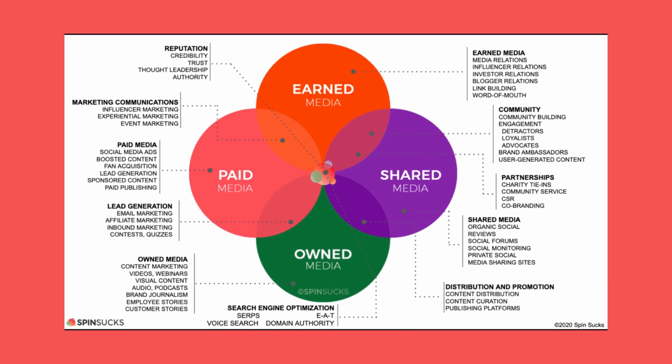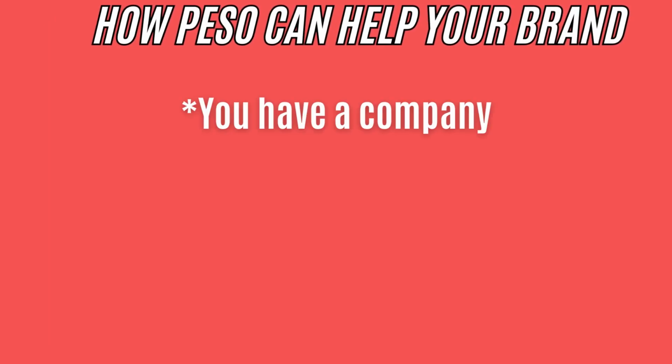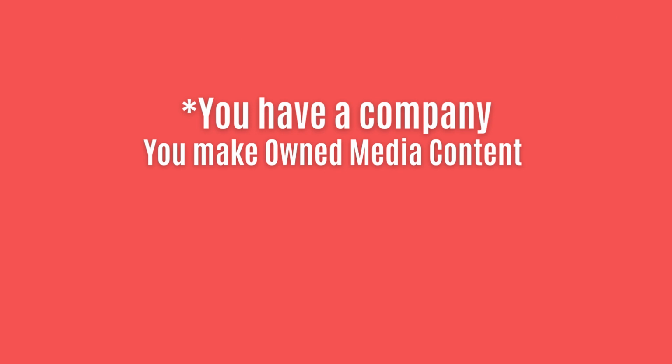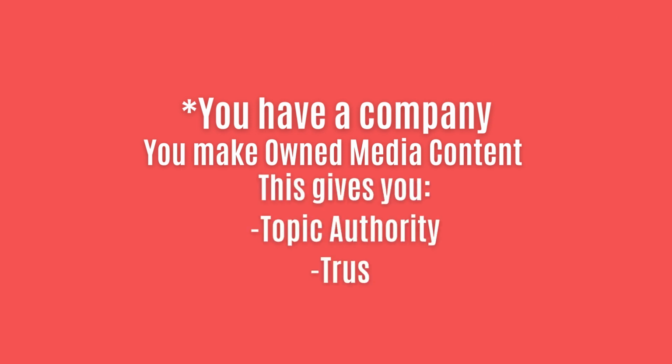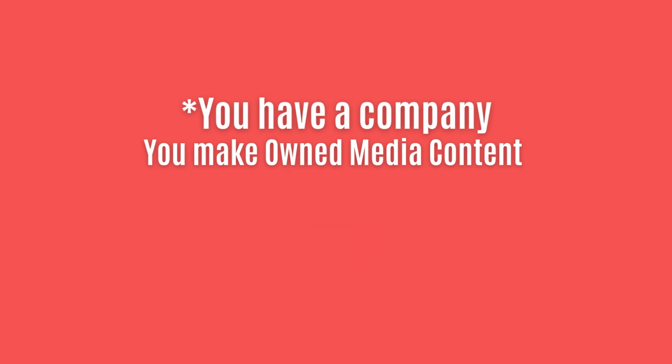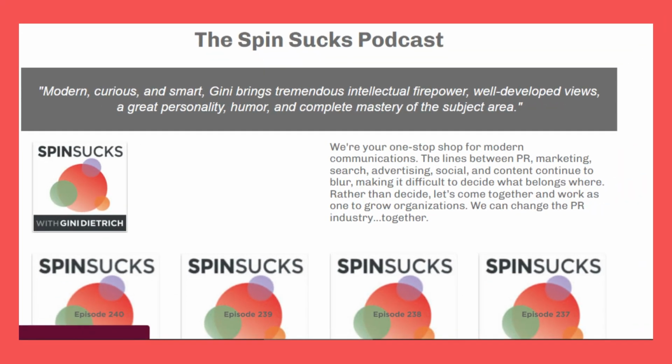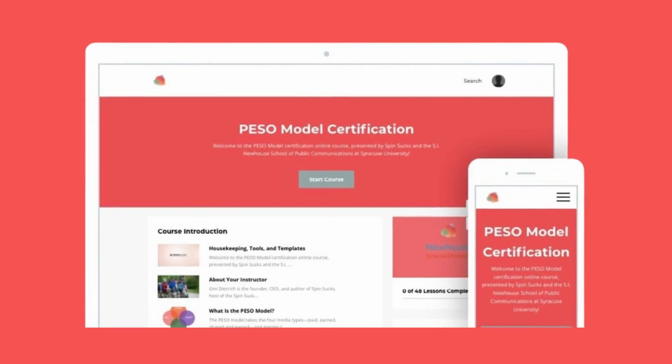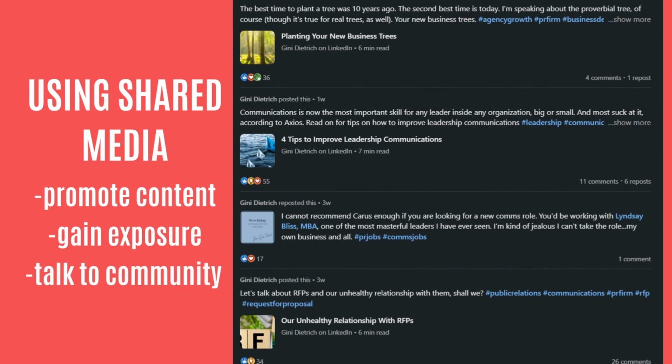You can see how all of these can work together, for example, with Gini Dietrich. She has a communications agency, and people hear about her because of the authority gained from the value of the content she makes on her website. That's the owned media, such as her blog, her podcast, her book, and an online course. And she utilizes shared media for more exposure, talking to her community, and as another place to post content.